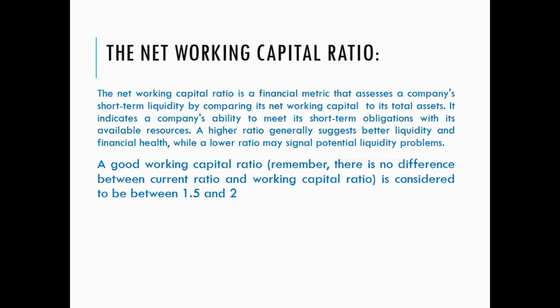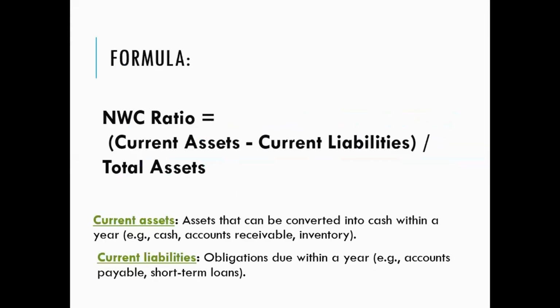A high ratio generally suggests better liquidity and financial health, while a lower ratio may signal potential liquidity problems. A good working capital ratio, remember, there is no difference between current ratio and working capital ratio, is considered between 1.5 and 2.